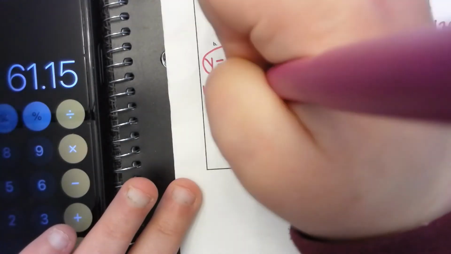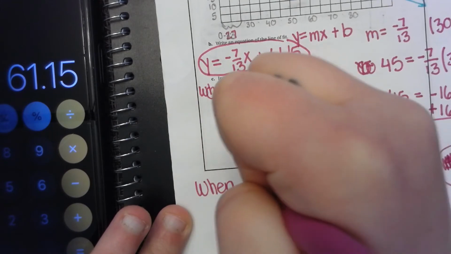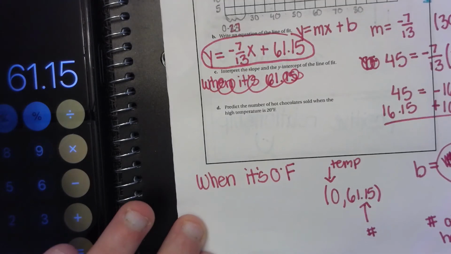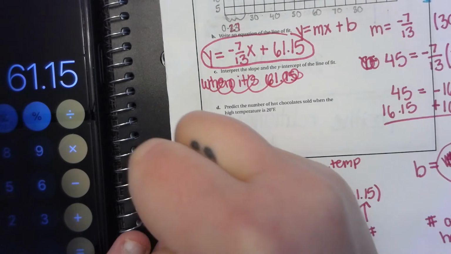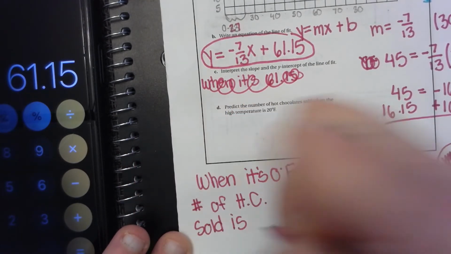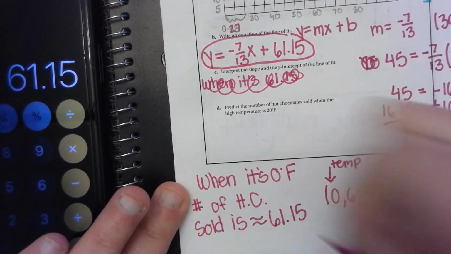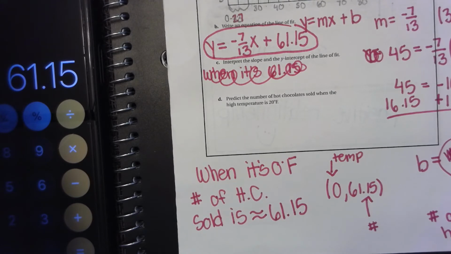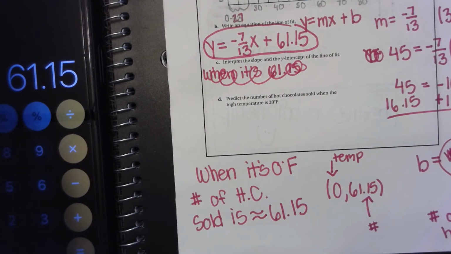So when it's 0 degrees Fahrenheit, the number of hot chocolates sold is about 61 and 15 hundredths. If I were to ask you to round this to the nearest whole number, it would be 61. So when it's 0 degrees outside, you are going to end up selling more hot chocolates.